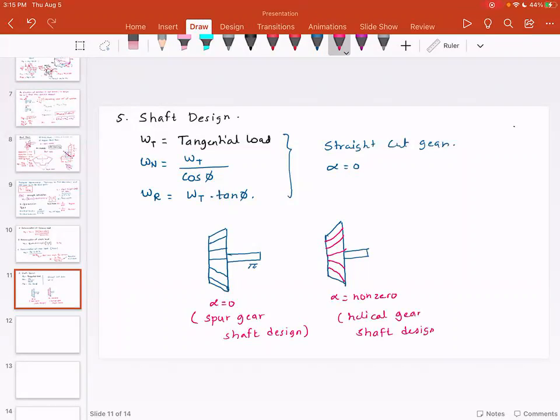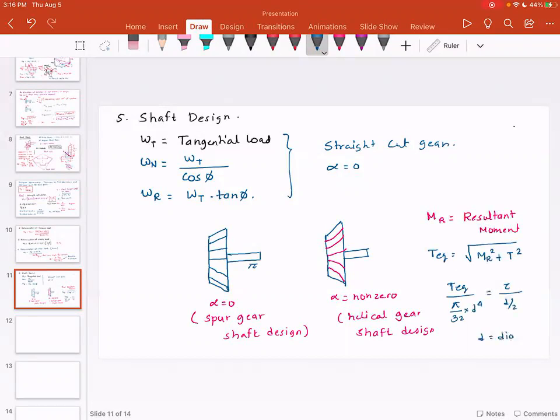So what it means is you have to find out the moments. So resultant moments. And then you have to find out the equivalent torques. And then use the equation and get the value of diameter.